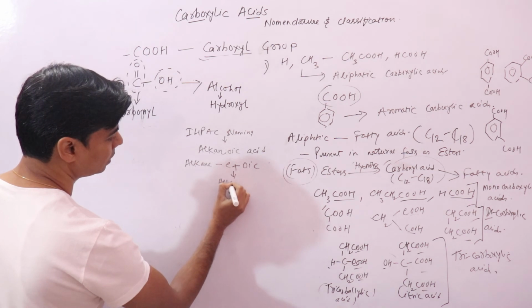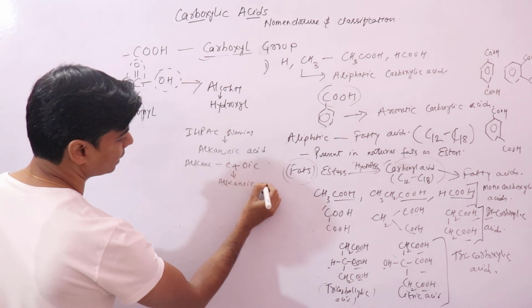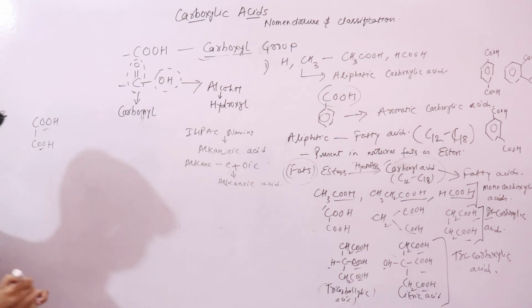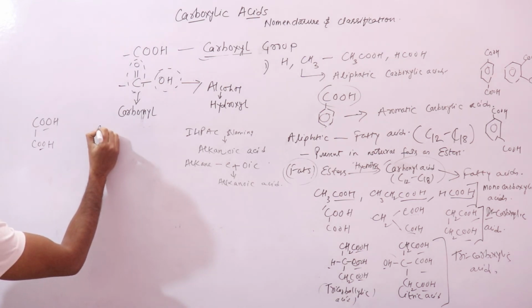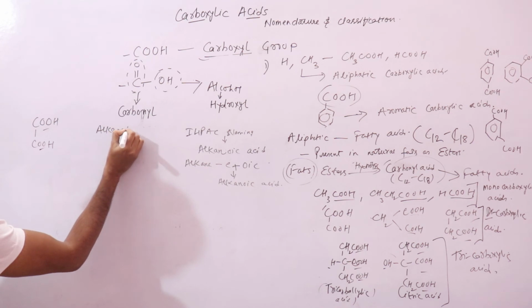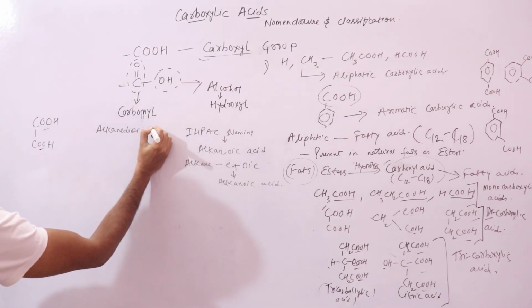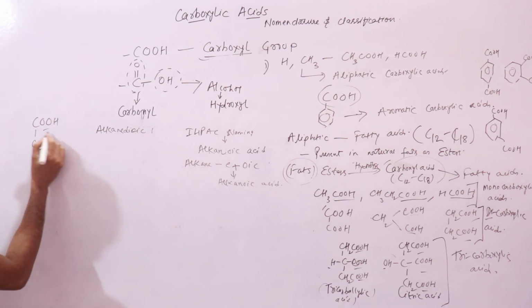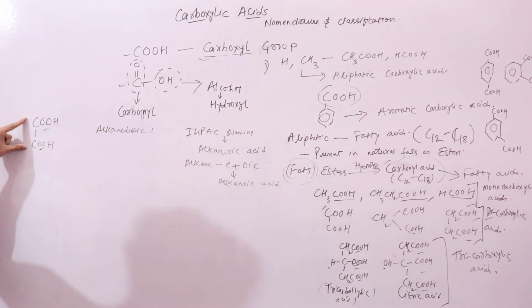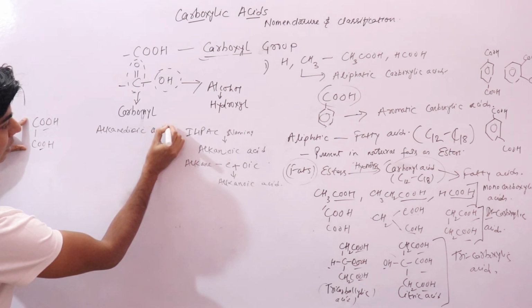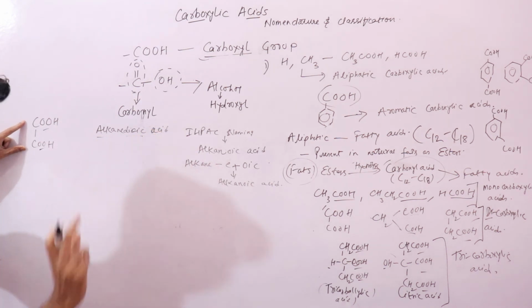So this will become alkanoic acid. Similarly, in the case of dicarboxylic acids, the IUPAC name is alkane dioic acid. This is how you will name dicarboxylic acids, alkane dioic acid.